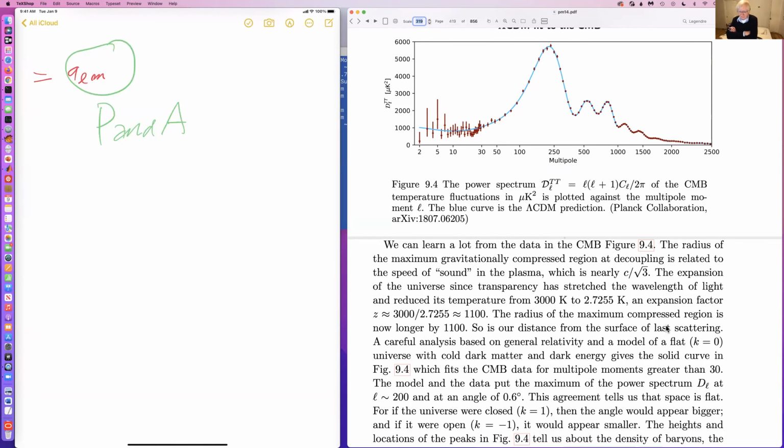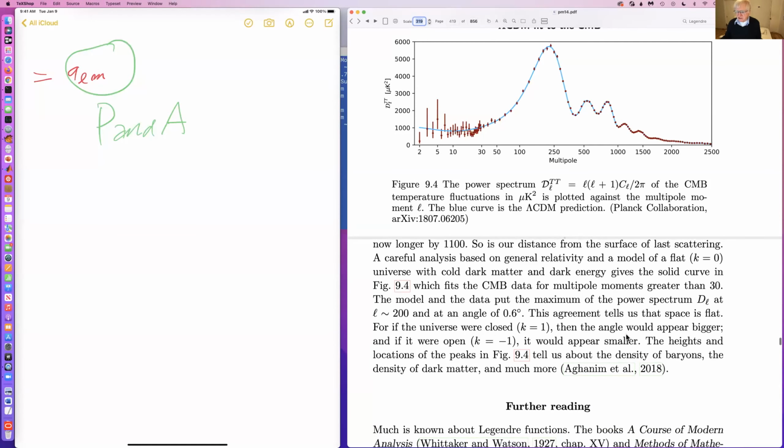Anyway, a careful analysis based on general relativity and a model of a flat universe with cold dark matter and dark energy gives the solid curve that I mentioned. And it's great agreement for L greater than about 30. The maximum of the power spectrum is at about L equal to 200, an angle of 0.6 degrees.